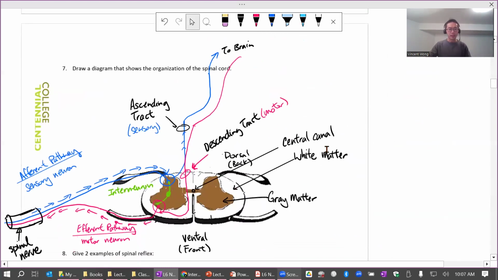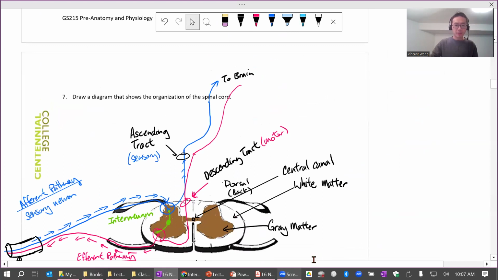All right, so actually, we can add something to it together if you want. So the story that I've been telling you forever is you touch a hot surface accidentally. Information travels up the hand through the sensory neuron, afferent pathway, enters at the back of your spinal cord.